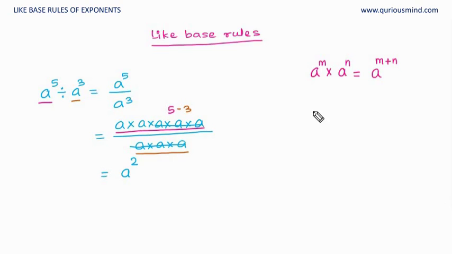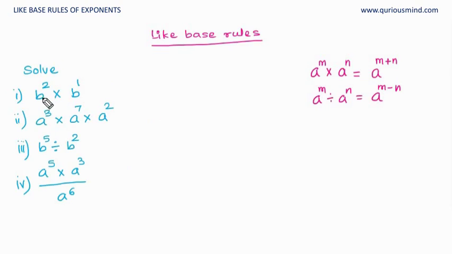So the second rule says a raised to m divided by a raised to n is equal to a raised to m minus n. This is a new type of operation you are performing. It will take some time for students to get used to them. So the only way students can remember this is by using them frequently, by practicing. Let's do a few practice sums.